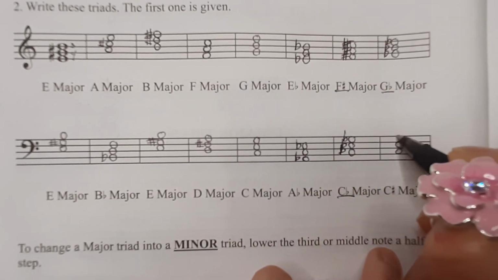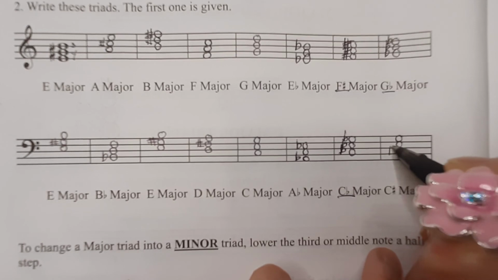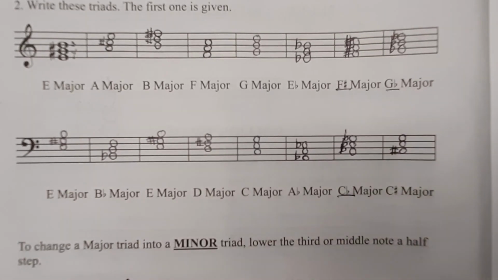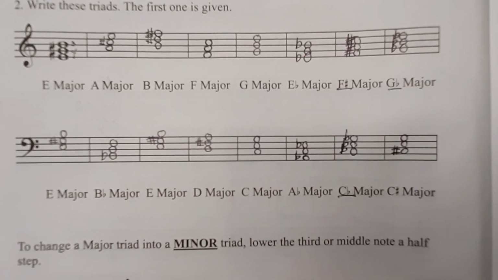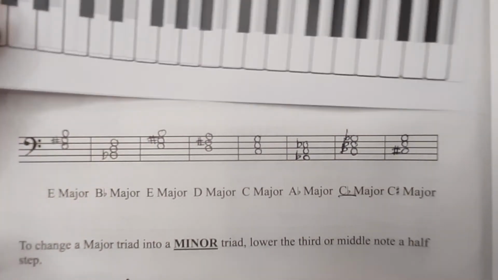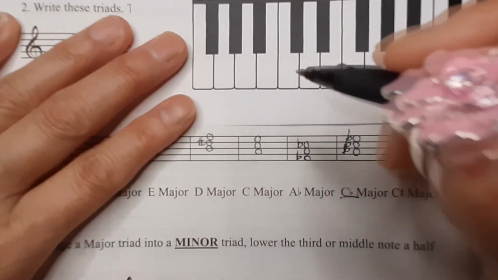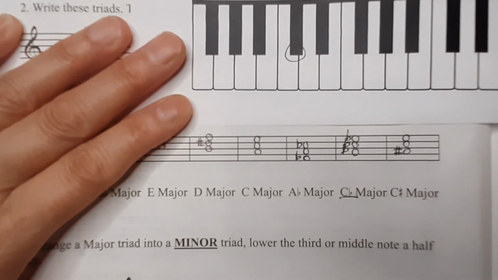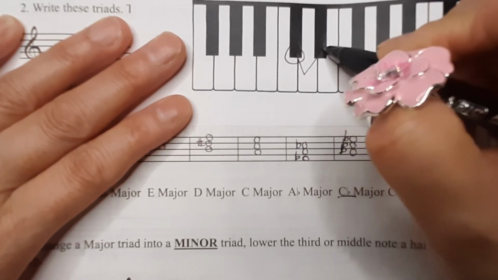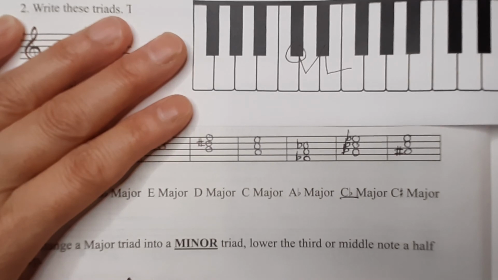3 sharps. Oh, I said it too early. There's a C sharp. Okay. Now, there you go. There's a C sharp right there. 4 half steps. 1, 2, 3, 4. What's that?